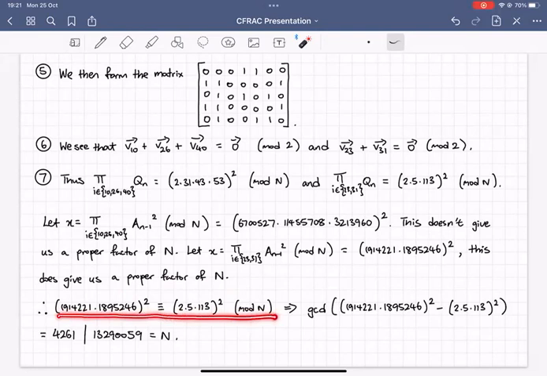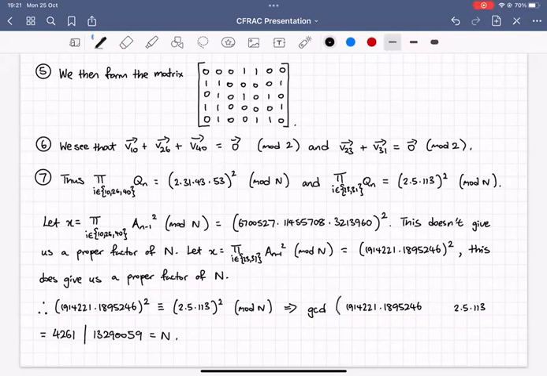And this is an instance of the theorem before, which implies that the GCD of this minus, I forgot, should be like this. And that gives you a proper factor of n.